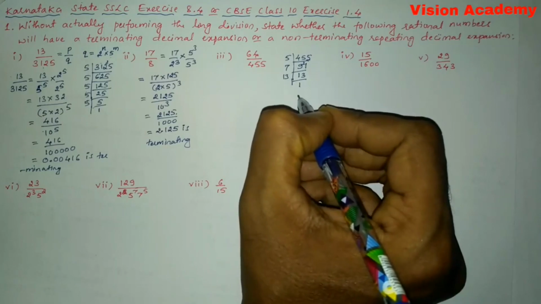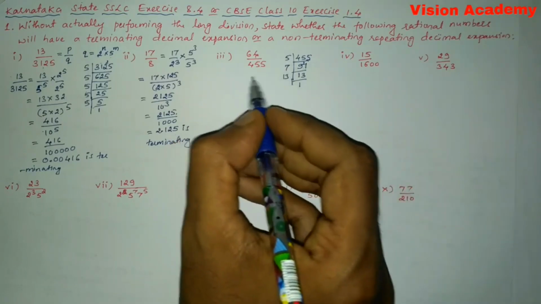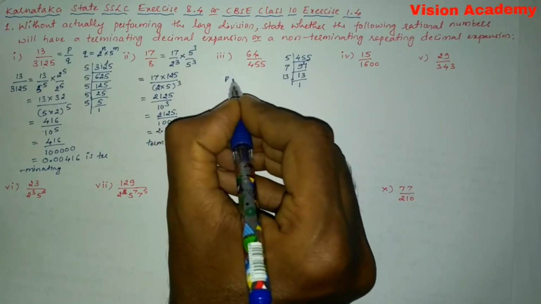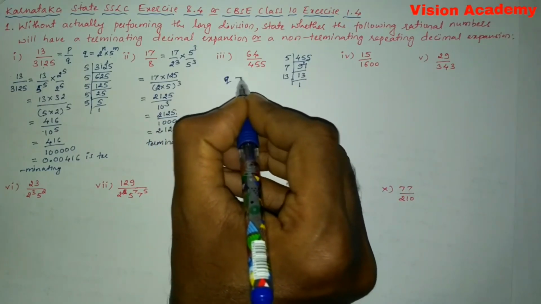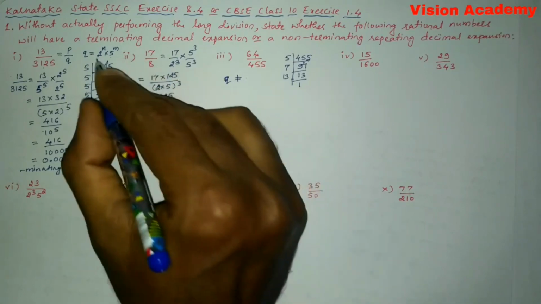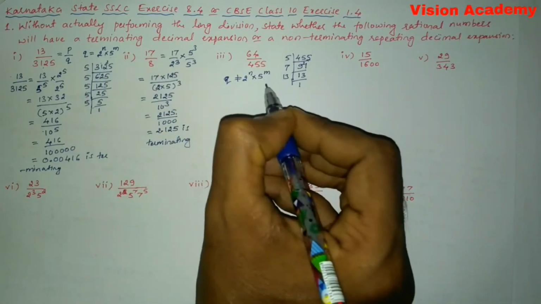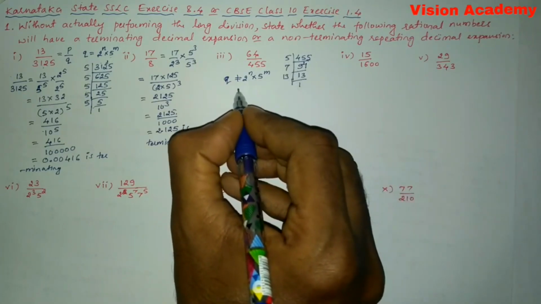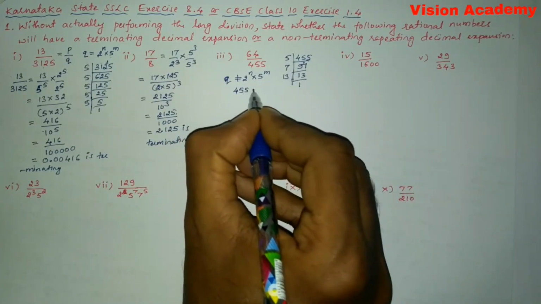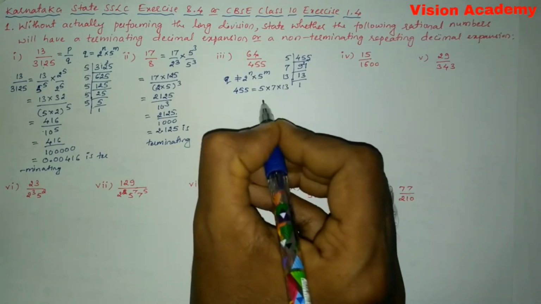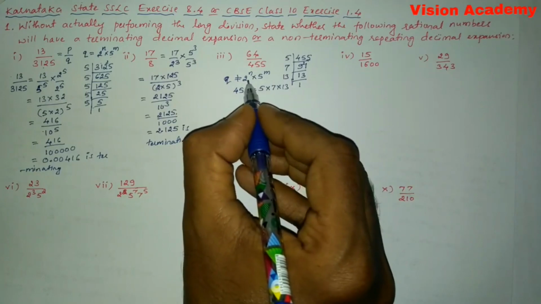13 1s are 13. Here, since the denominator, that is q, is not in the form of 2 to the power n into 5 to the power m. Why? Because here you can see 455 is equal to 5 into 7 into 13, but it is not in this form.